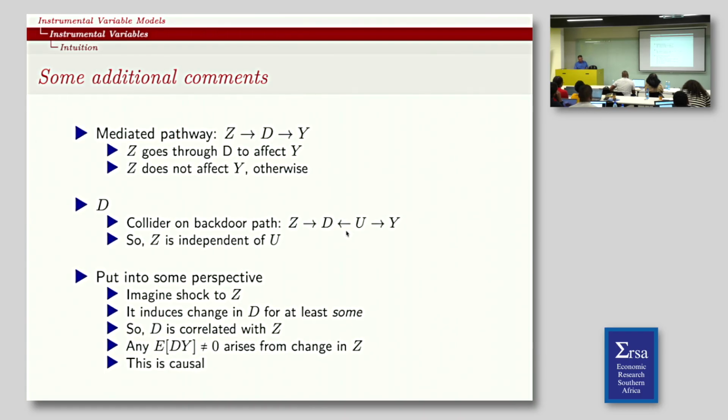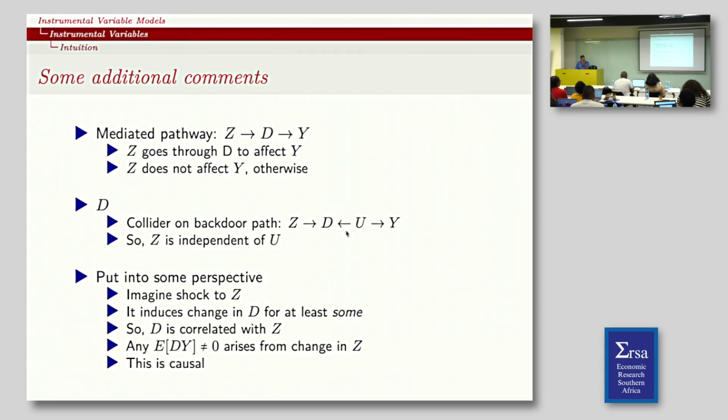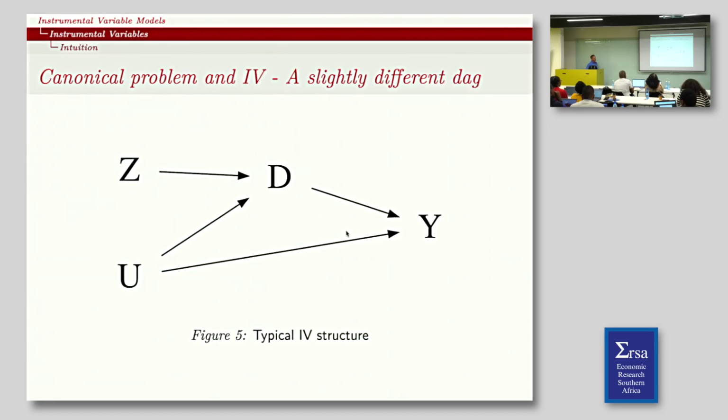All right, so I'm going to use some path words in a second, right? So this is actually called a mediated pathway. D is the mediator between Z and Y. You might have heard people talking about mediation. Okay. D is referred to as a collider on a backdoor path.